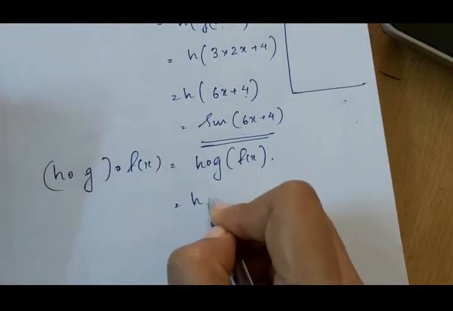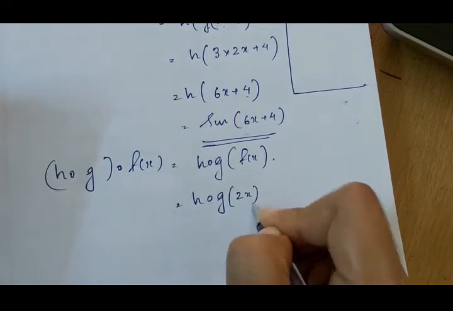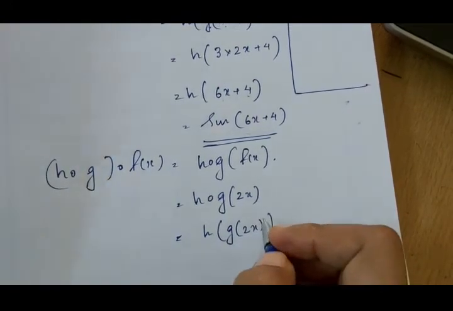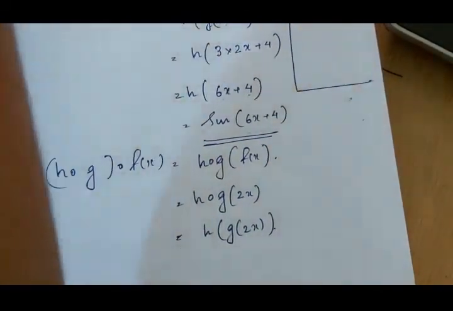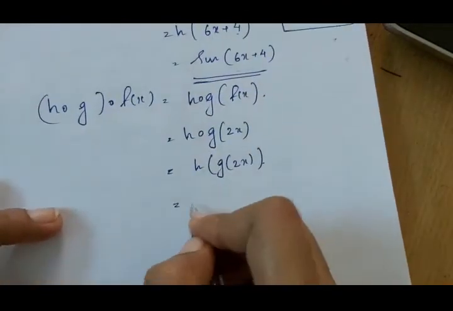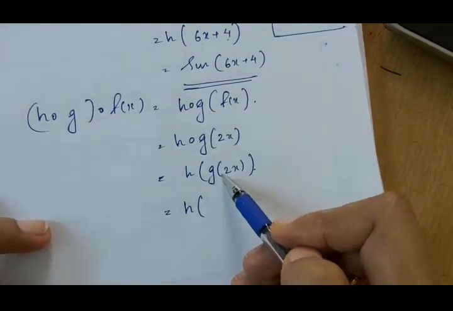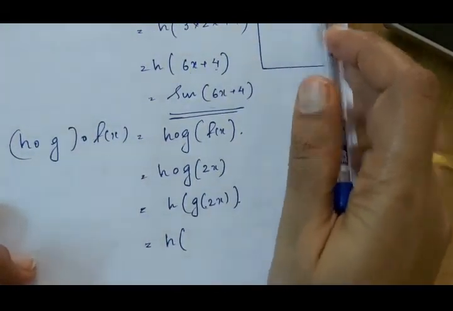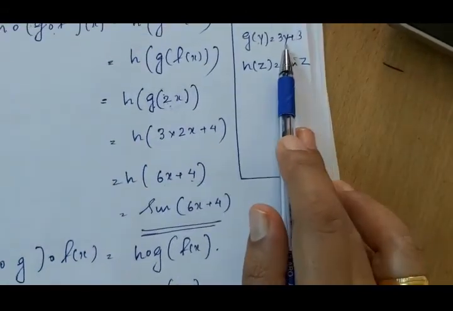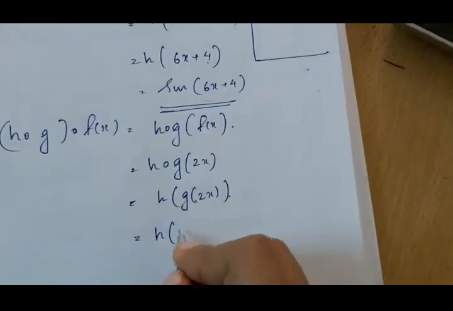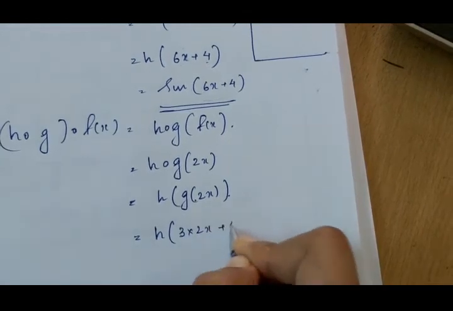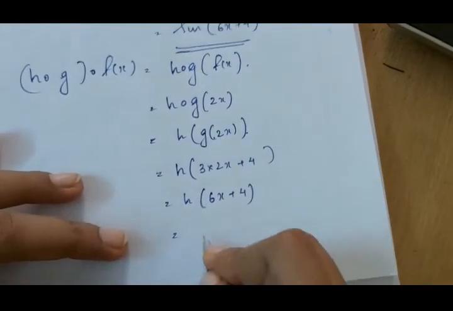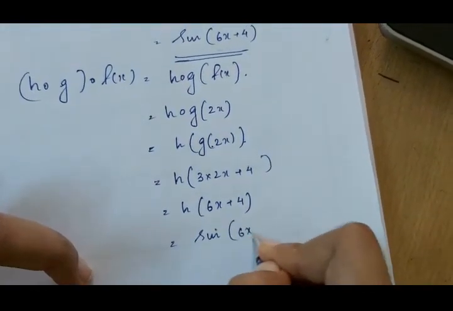So h composition g of 2x, which is equal to h of g of 2x, which is equal to h of 3 times 2x plus 4, where the value of x is substituted here, which is equal to h of 6x plus 4, which is equal to sin of 6x plus 4.